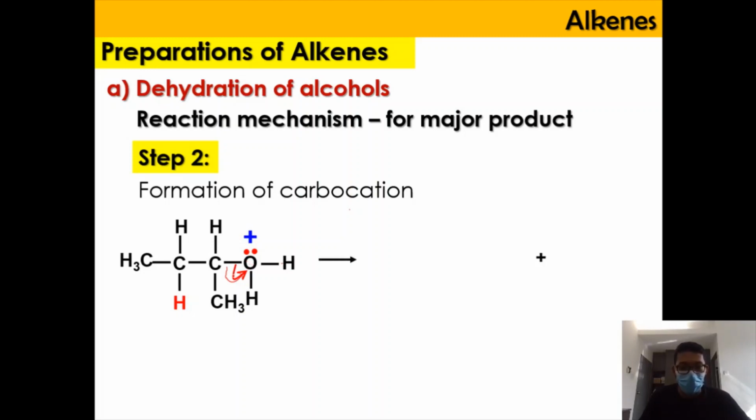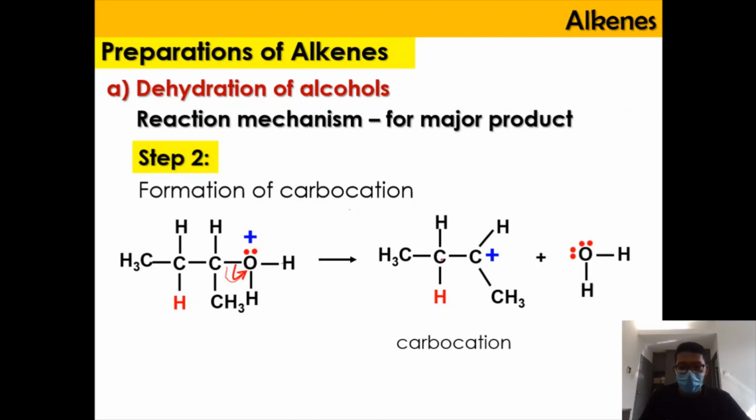So when we bring the lone pair, what we're going to get is the carbocation as well as water. Okay, so just now the O plus will have a positive charge, but when the electrons are transferred to here, the plus sign is diminished and it will be replaced by the 2 lone pairs here as shown in this product.